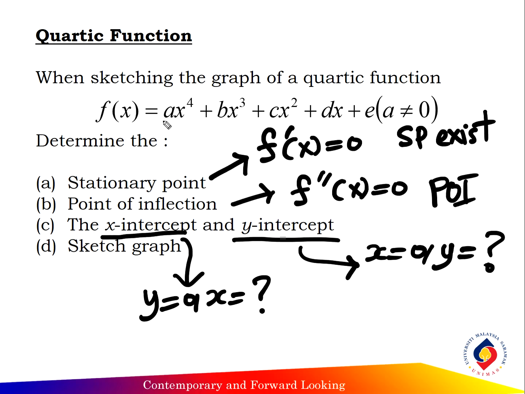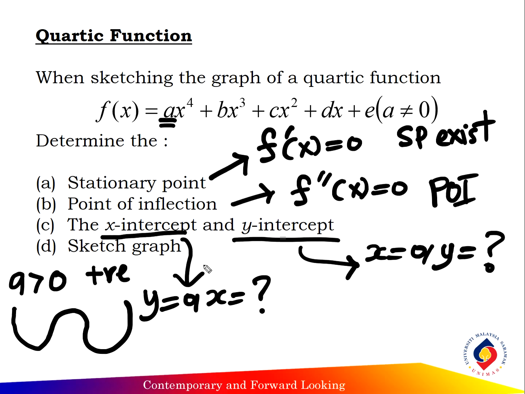First you check the coefficient of the quartic function, the value of a. If a is greater than 0, a positive value, the graph of the quartic function from the left is concave up, concave downwards, and concave up. This is the first shape of the quartic function, number 1.